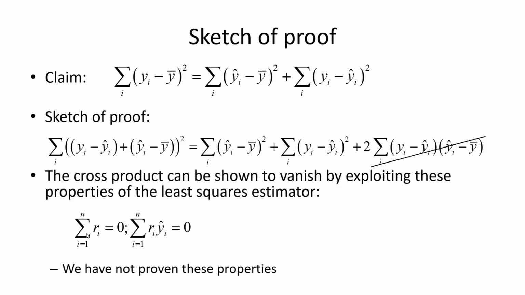We're trying to find the best line, and it turns out that when you sum all those residuals, the positives and the negatives cancel out and are 0. And then we have this second equality that also holds.